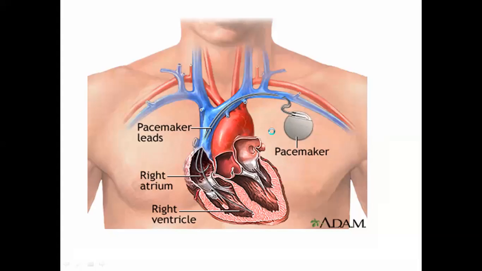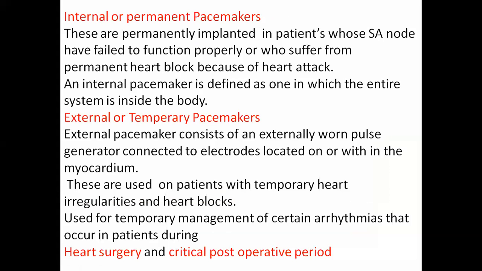When heart surgeries happen, suppose the SA node has failed, or suppose there are heart attacks, in such situations we will make an open heart surgery and place these internal pacemakers permanently. So these will travel with the patient if the patient goes anywhere, because these are fixed inside the body.